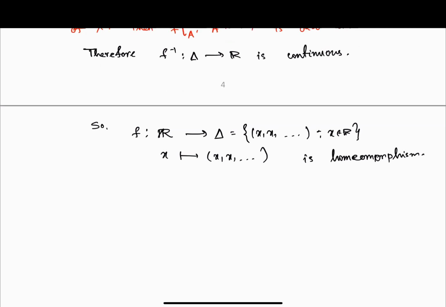Now as we know, R is locally compact. Why?